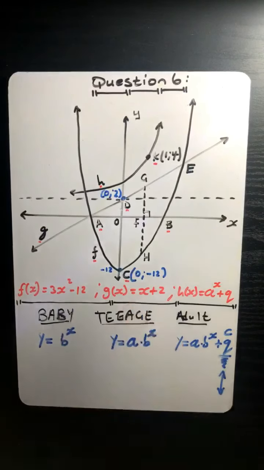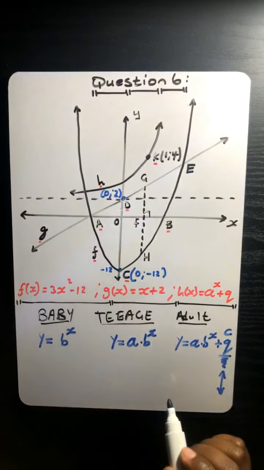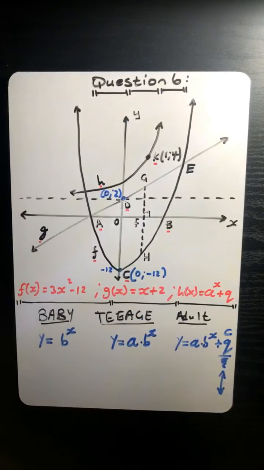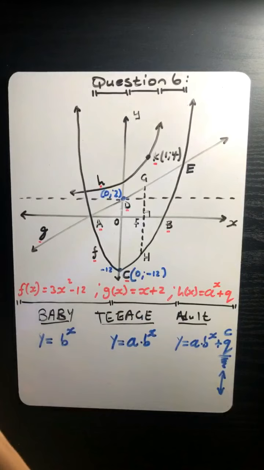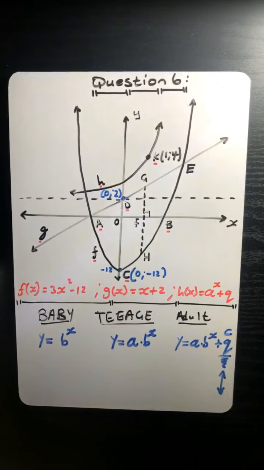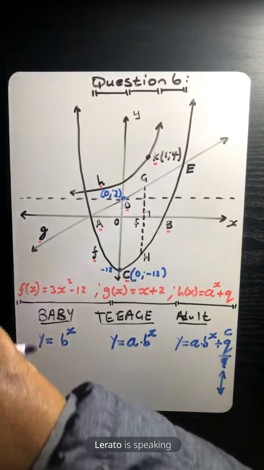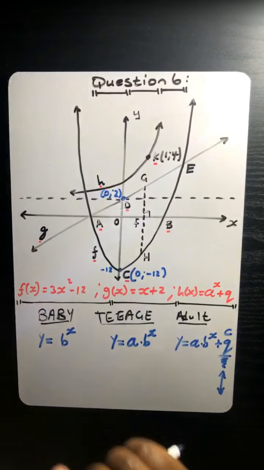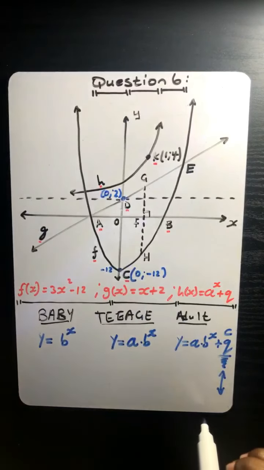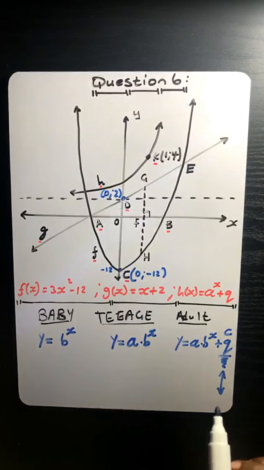Which functions have got asymptotes? Hyperbola and exponential. How many asymptotes does each function have? Hyperbola has got 2 asymptotes and exponential function has got 1 asymptote. 100%.